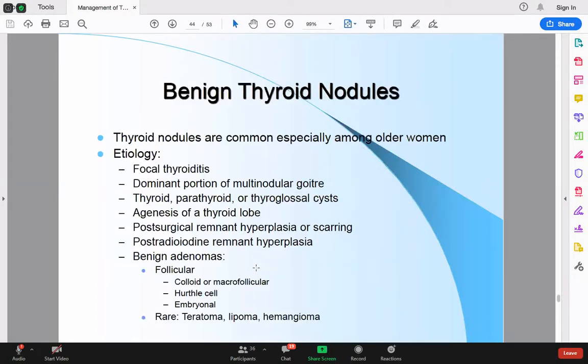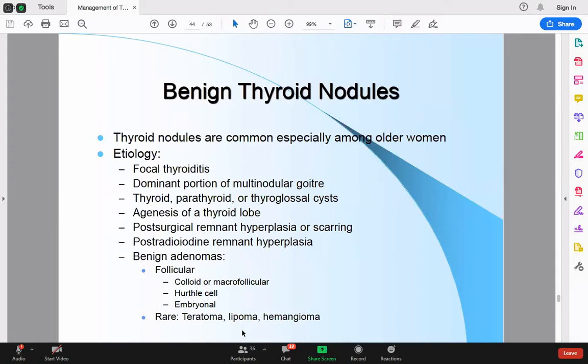Last but not least, thyroid nodules. Basically, in physical examination, you may just find thyroid nodules. You do all the workup and it turns out to be benign. It can be teratoma, lipoma, hemangioma. If the thyroid nodule is more than, let's say, 1 centimeter, you definitely need to take an FNA biopsy, as some features on ultrasound may suggest malignancy.